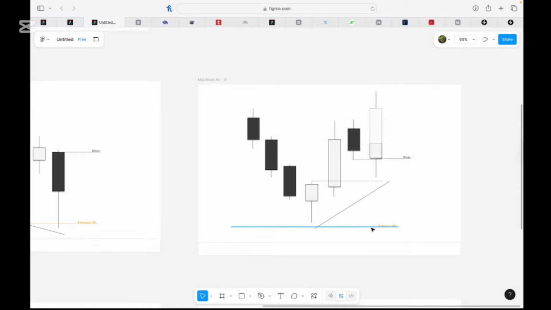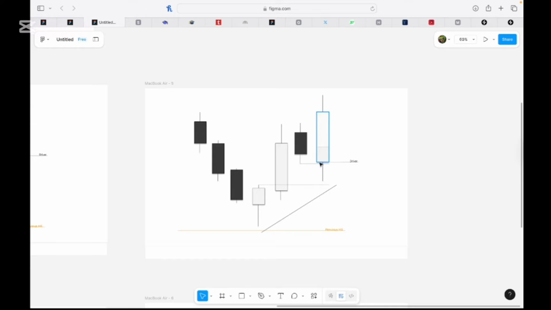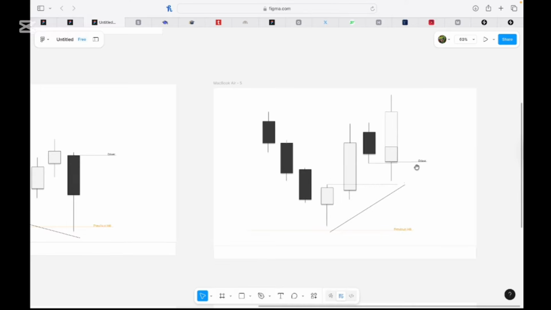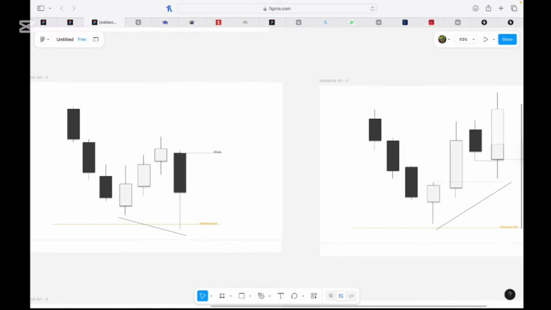YM still holds that daily sequential SMT, which is key and makes it much higher probability. And at the driver, what does YM do? It fills this fair value gap and hits this fair value gap, which also is a key level because this is an imbalance. So when two assets hit something relevant, especially at the driver, and then start showing some strength to the upside, this is a really high probability sequence.